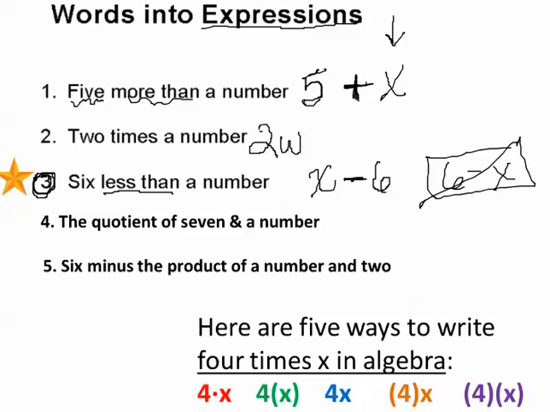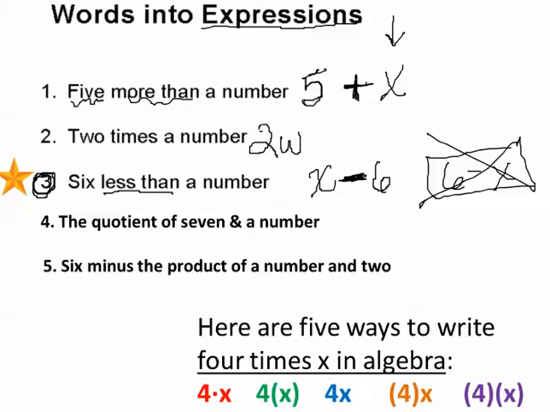This is not the right answer. This one's backwards, and we will learn soon that you cannot flip subtraction. You can't go one direction and the other and get the same answer. So when it says less than, little bells should go off in your head, and you should go, okay, wait, I need to think about this one. 6 less means I need to subtract 6, and that would be the right direction to put that one in.